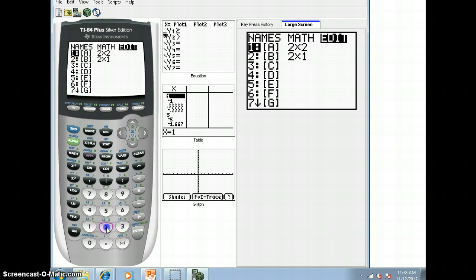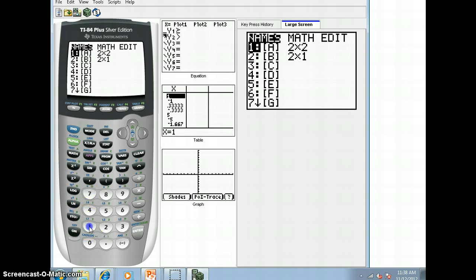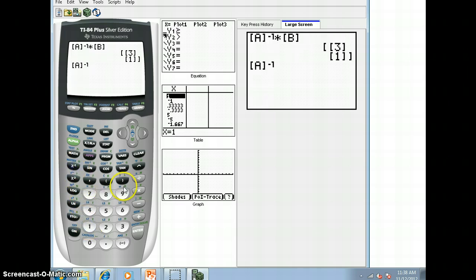Go over to edit, and I'm going to edit B. And this is a 2 by 1 matrix, and these numbers are 7 and 5. Okay, so I'm going to ask it to multiply matrix A inverse times matrix B, and I get the matrix negative 1, 4.